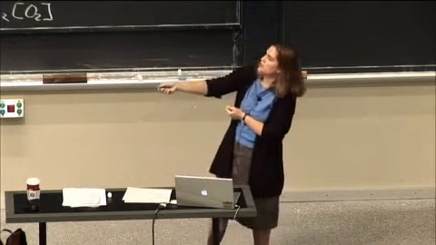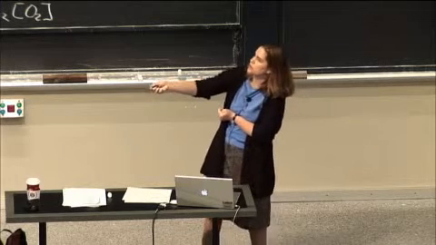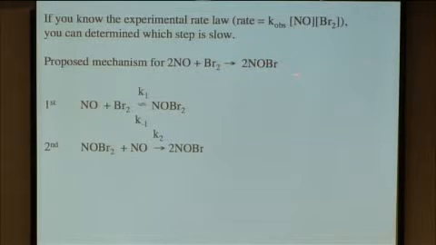So in this reaction, we have 2NO plus Br2 going to 2NOBr. So if we write this in the first step, we have NO plus Br2 going to an intermediate NOBr2 with forward rate constant K1 and reverse rate constant K minus 1. And in the second step, we have the intermediate interacting with another molecule of NO, forming two molecules of NOBr, our product.